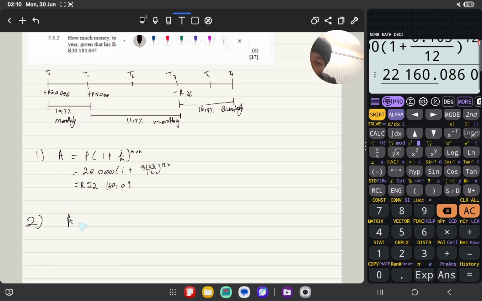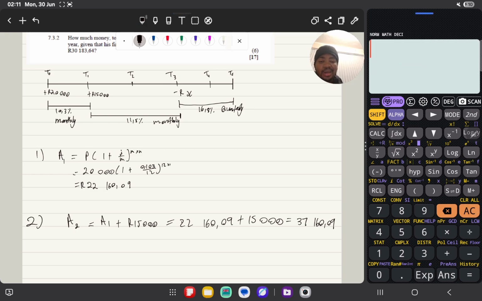So we will say A2, since that was A1. A2 equals A1 plus 15,000, which is now 22,160.09 plus 15,000. The value we get is 37,160.09.